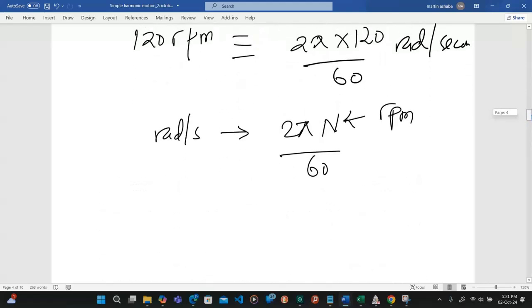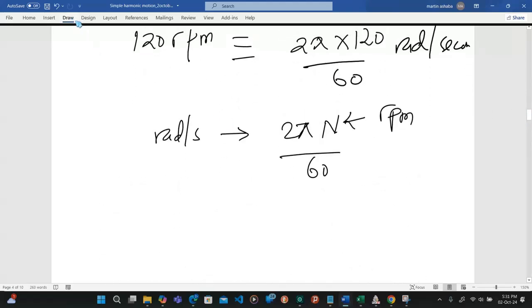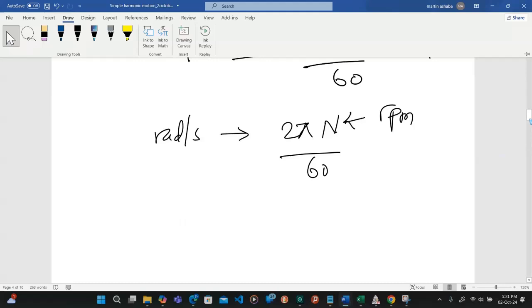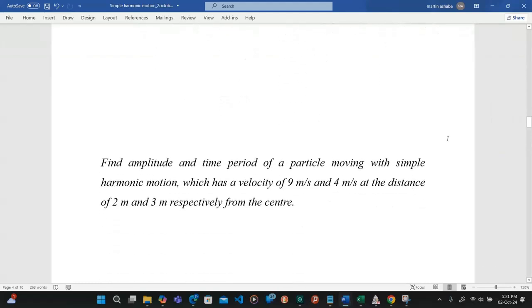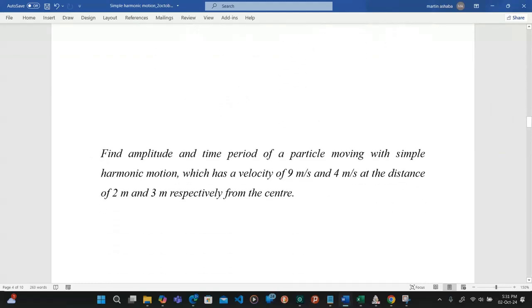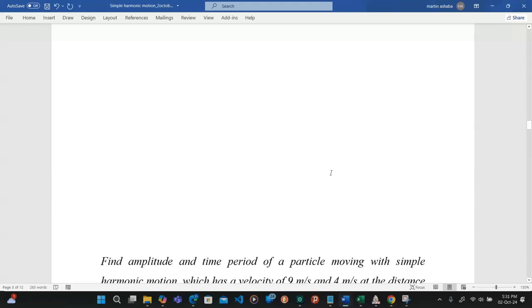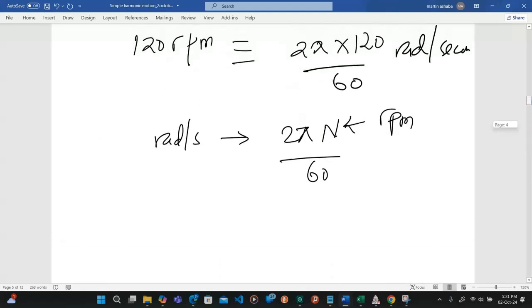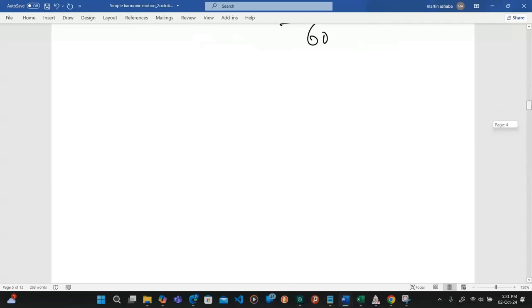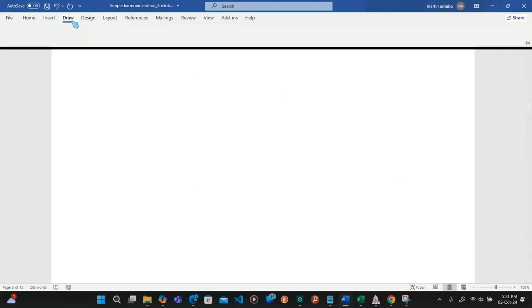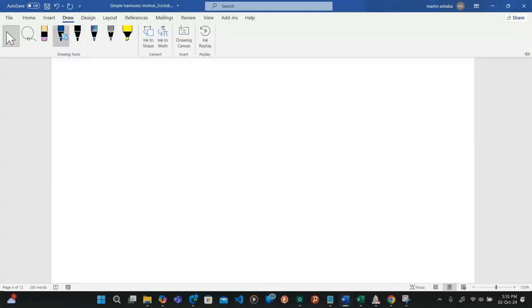Now, we are looking at a crankshaft, a crank, which is part of an engine, moving at a speed of 120 revolutions per minute.